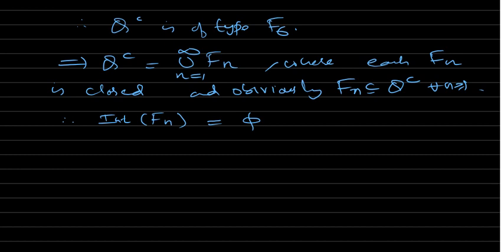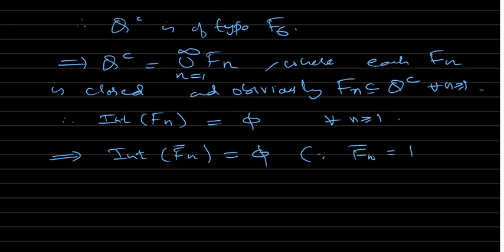So the interior of Fn is empty for all n greater or equal to 1, which implies that the interior of the closure of Fn is also empty, because the closure of Fn is the same as Fn, since Fn's are closed sets. So each Fn is nowhere dense for all n greater or equal to 1.